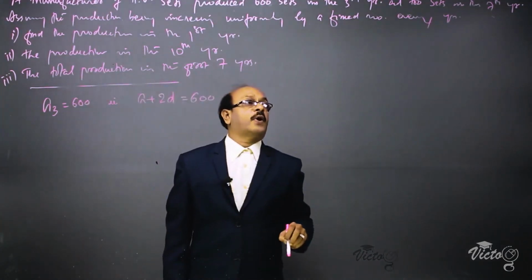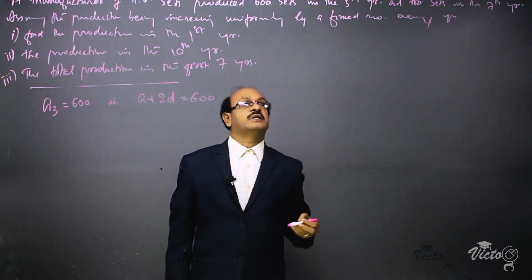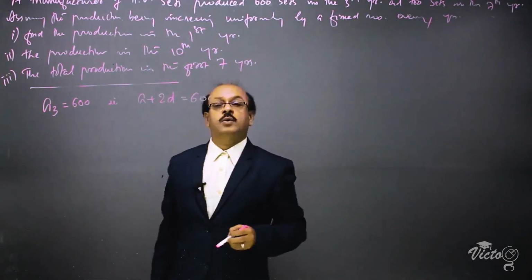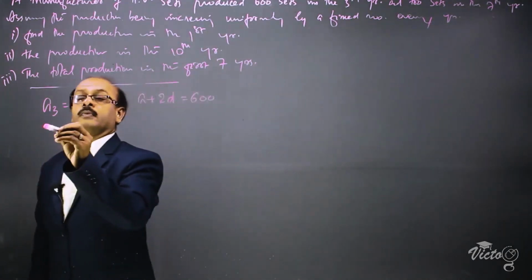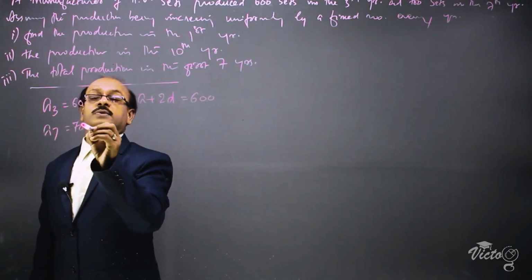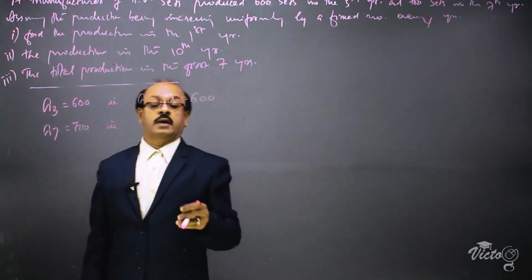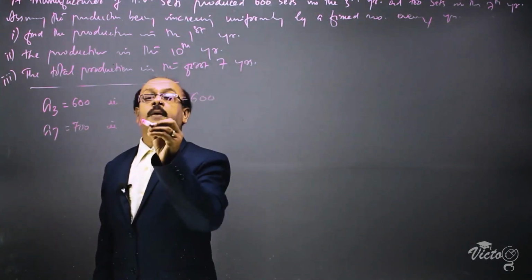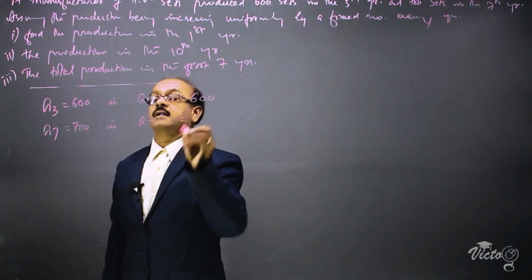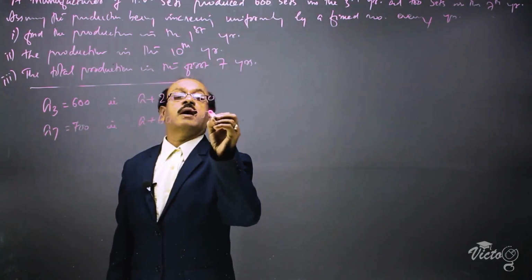Now, the production in the 7th year is 700, so A7 is equal to 700. The formula for the 7th term is A plus 6D is equal to 700.